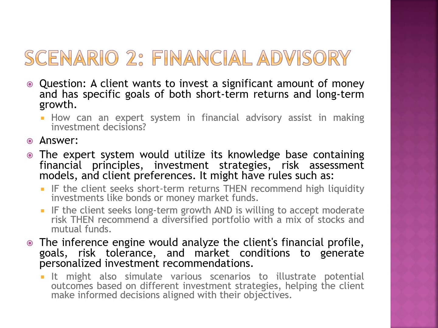So it will suggest the client get bonds or invest money in market funds. If the client seeks long-term growth, then it checks whether he is willing to accept risk, at least moderate risk. If yes, then the system would recommend a diversified portfolio with a mix of stocks and mutual funds.